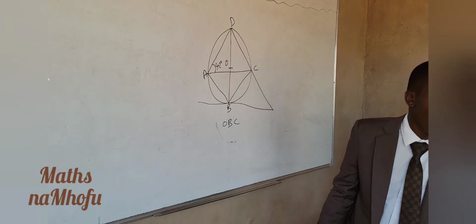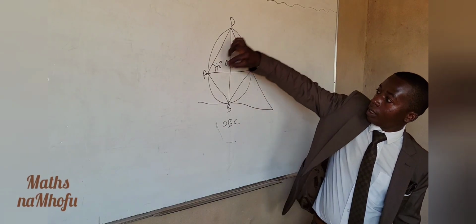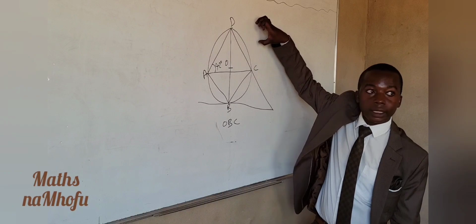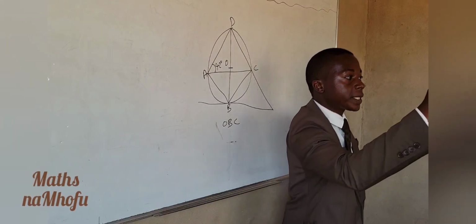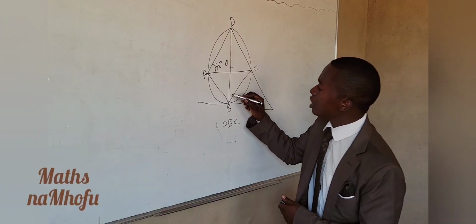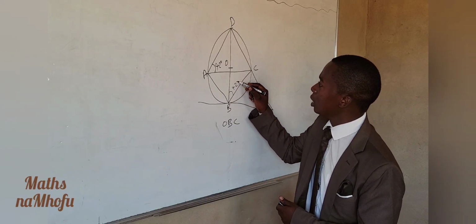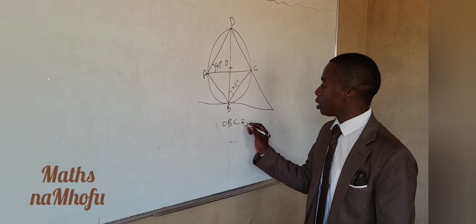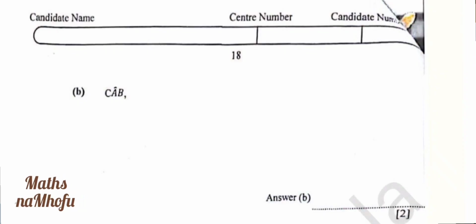OBC is very simple. We use theorem 1, isn't it? You see, we have 42 here, right? Remember, angles subtended by the same arc are equal at the circumference. So this is 42 as well, right? So this is equal to 42 degrees. Now let's move on to the next one.